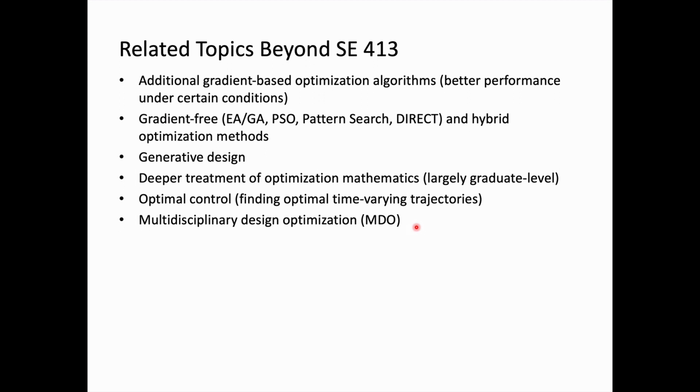Maybe we have different subsystems interacting with each other. We have all these interactions. That becomes a really hard design problem to solve. And there's a whole class of more advanced design optimization methods known as MDO that help us to deal with the specific challenges of these difficult multidisciplinary optimization problems.